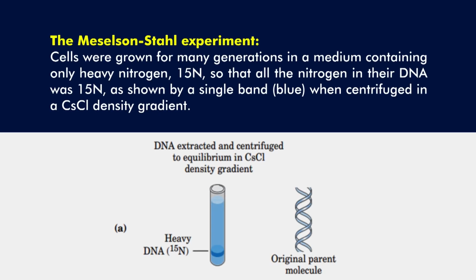To decide among these three possibilities, it was necessary to distinguish newly synthesized DNA strands from the original DNA strands that serve as templates. This was accomplished in studies on bacteria in 1957 by Matthew Meselson and Franklin Stahl of the California Institute of Technology, who used the heavy isotope of nitrogen, that is N15, and the light nitrogen, that is N14.